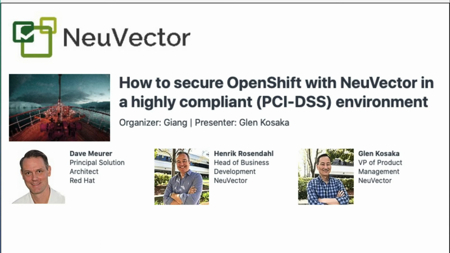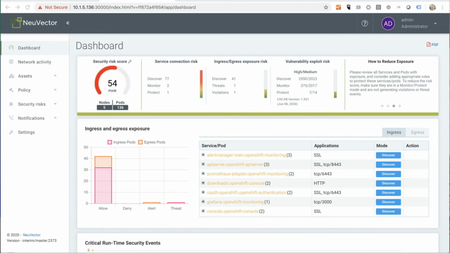So the concept of virtual patching is really preventing that vulnerability from being exploited once it's in production. In other words, virtually patching it. And in order to virtually patch it, you've got to be able to protect that pod from being exploited on the network, like you heard from Henrik.